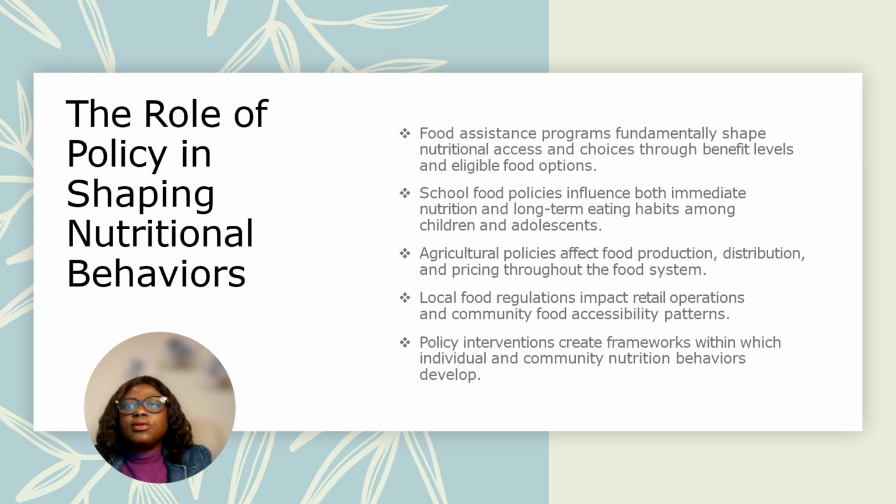All right, so far we have highlighted the impact of the environment on food choices and also food accessibility. We have highlighted the social determinants of health and how that may affect individuals' food choice.